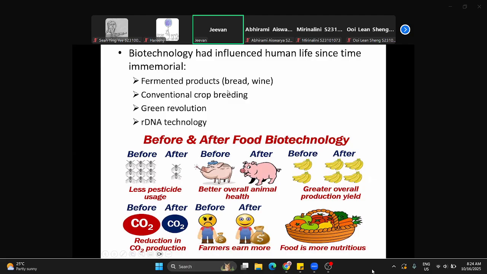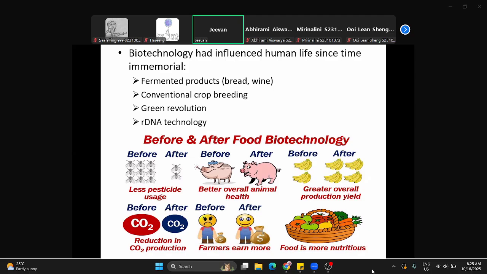Some of the food that we are eating has undergone fermentation. Examples: bread, wine, many local delicacies like tempeh, thosai, and soy sauce, all these are products of fermented food.